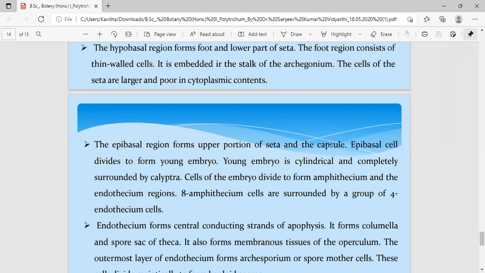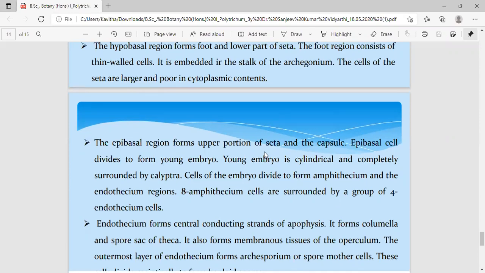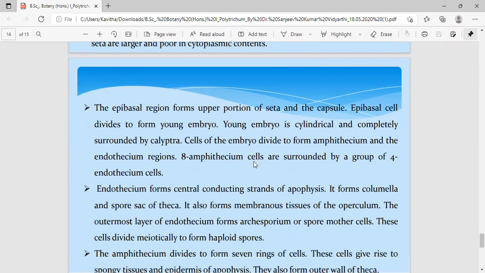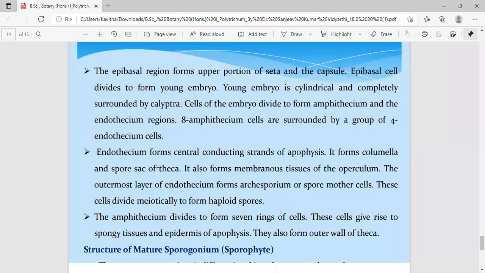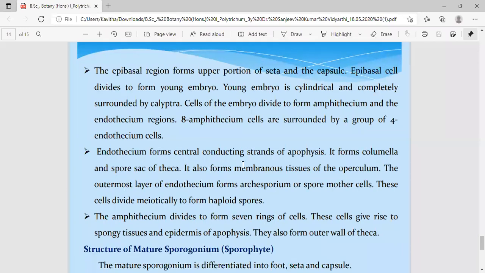It appears just like a cup-like structure on the long seta region. Now, this epibasal cell divides to form the young embryo. This embryo is cylindrical and completely surrounded by the calyptra, and the cells of this embryo will divide to form amphithecium and the endothecium. Endothecium will form the central conducting strand of the apophysis, which forms the columella and the spore sac and the theca. So I'll discuss the structure of the capsule in tomorrow's class.